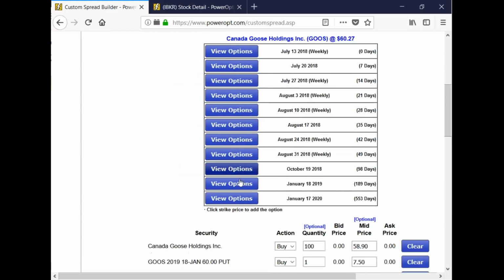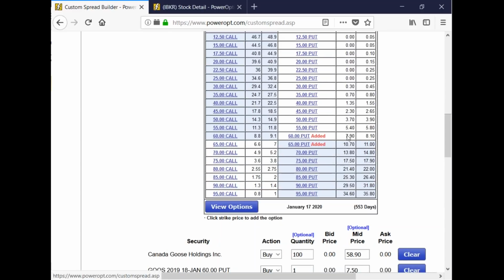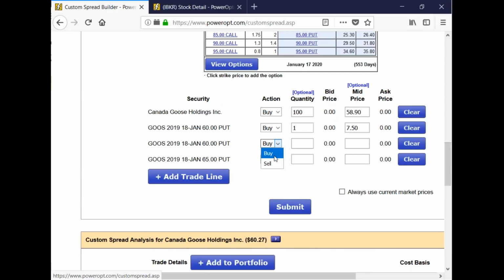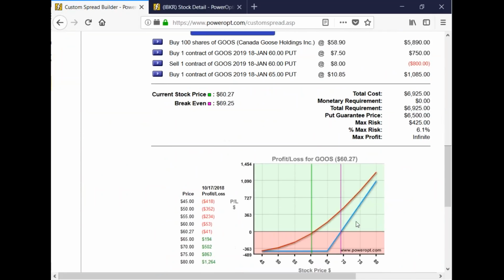Now, since the stock's above my strike, I could roll up. Looks like about $3 here. I'm sorry, we've got to sell to close our original and buy to open the next one. So now I'm at 65 with only a 6.1% at risk. So I bought back the call and paid the money in, rolled up the put.